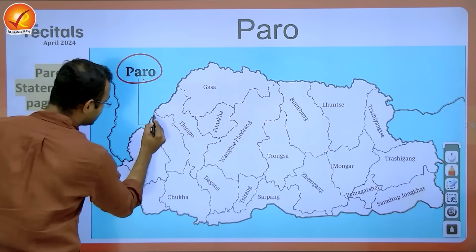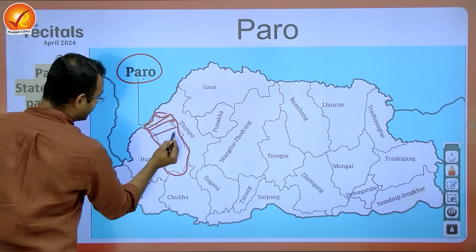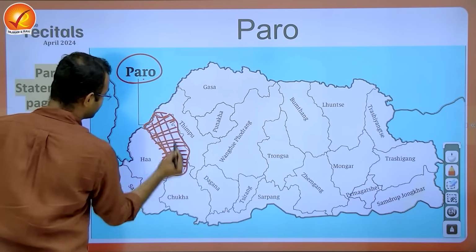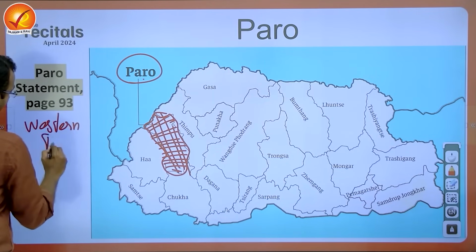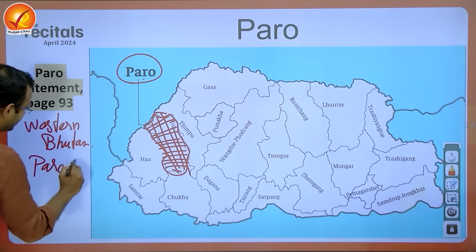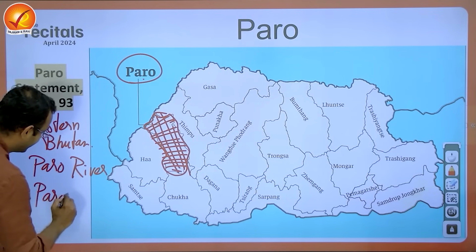Paro is a place. This is the region of Paro. The shaded portion is the region of Paro, which is present in western Bhutan. We have a river called Paro River, which flows in a valley.